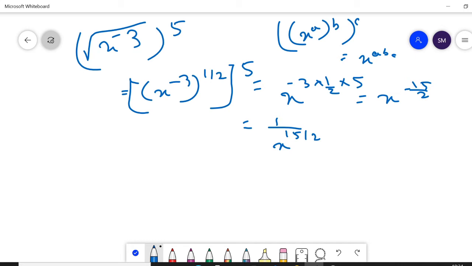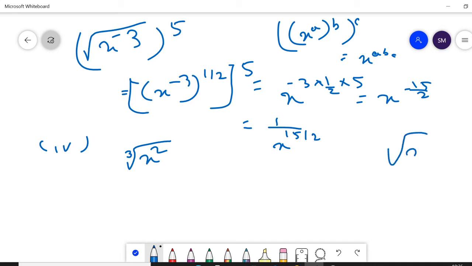Then another simplification. Suppose this is x squared, cube root, whole to the power 1 by 3. Look at here, square root sign with 3 means cube root.